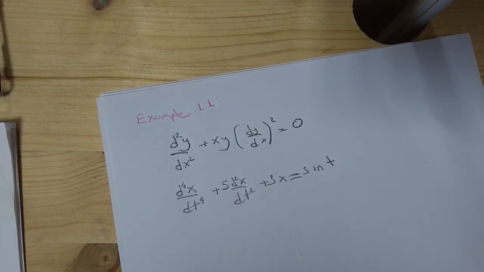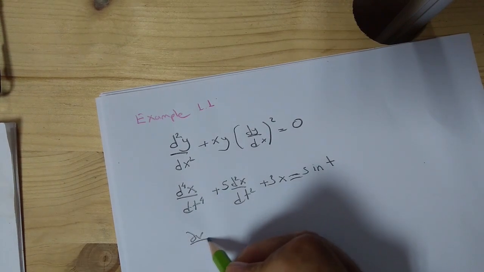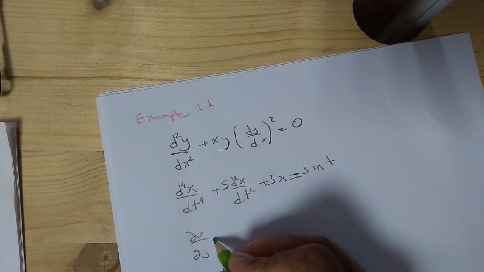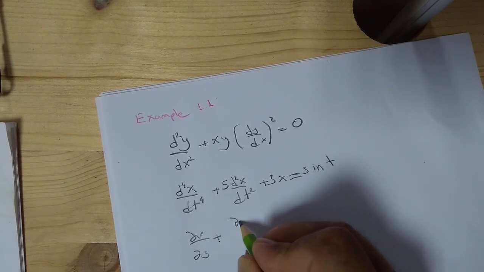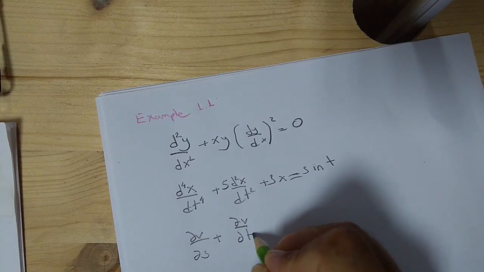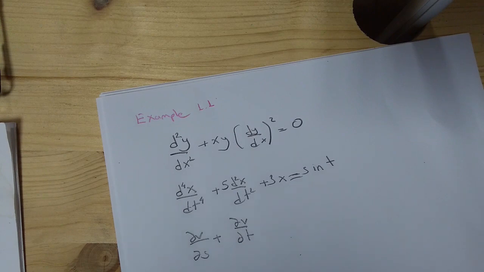Another one. This is a partial derivative equation: dv over ds plus dv over dt equals v.